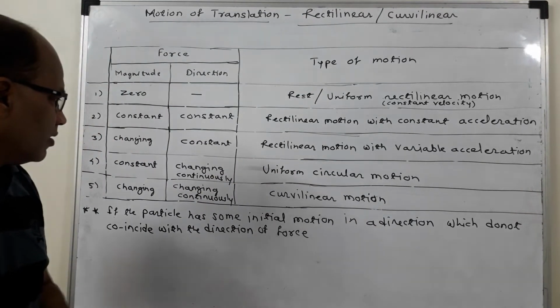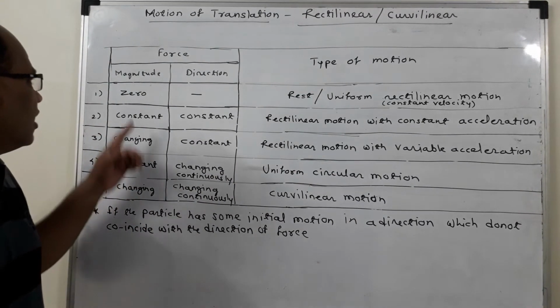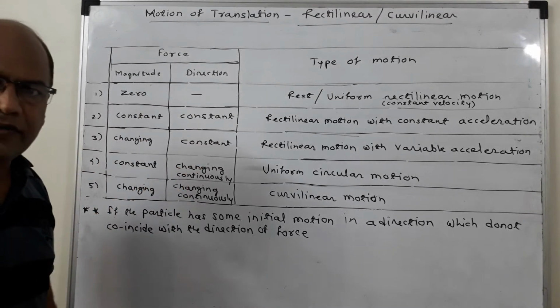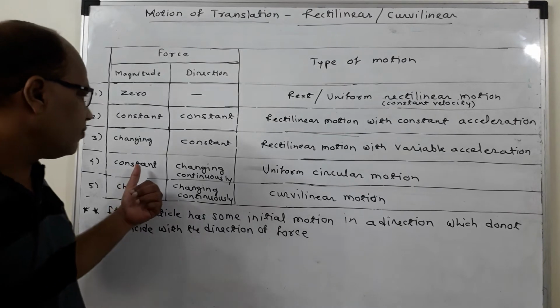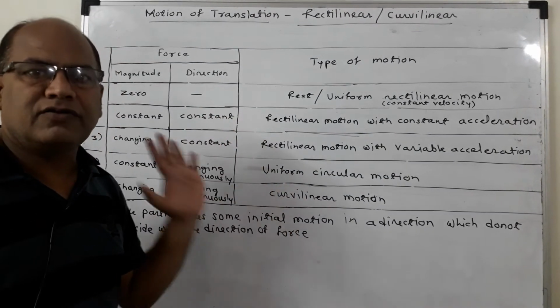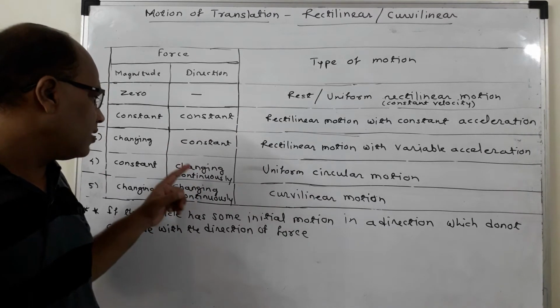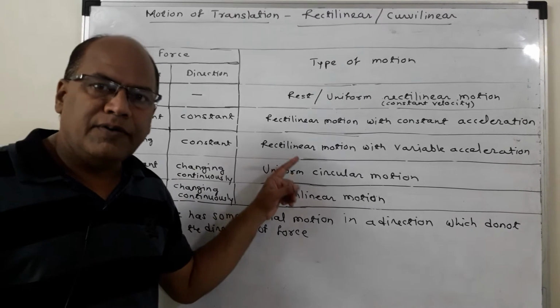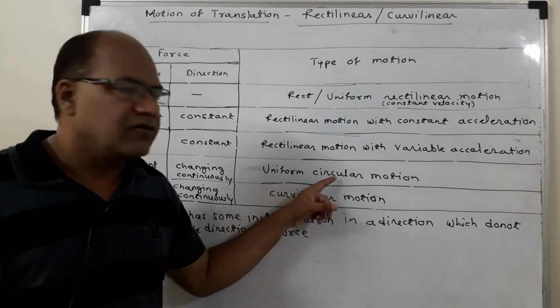The next case, in this case I am considering the magnitude as constant and the direction is changing continuously. If the magnitude of the force is constant, it is obvious that the magnitude of acceleration will also remain constant. But as the direction is changing continuously, the particle will be put into uniform circular motion.